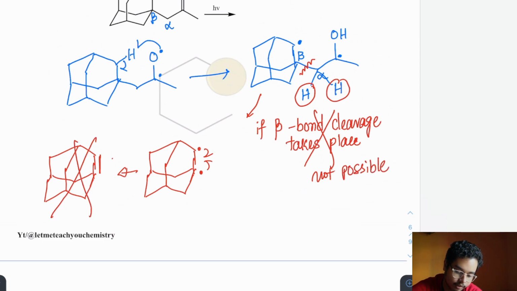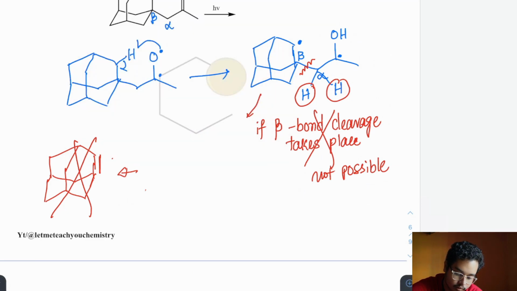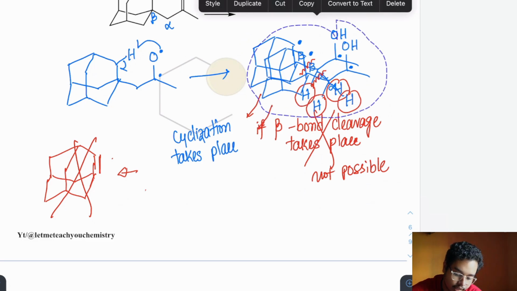This will not happen. So that means cyclization takes place. I just change the pen color. Takes place. So I just simply take this, make a duplicate, put here.